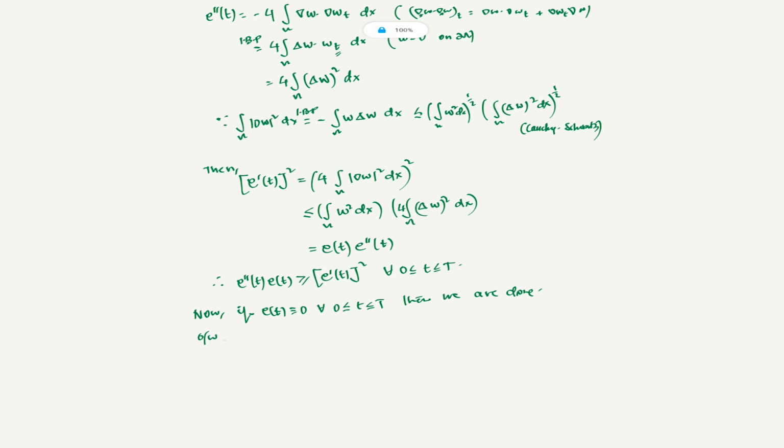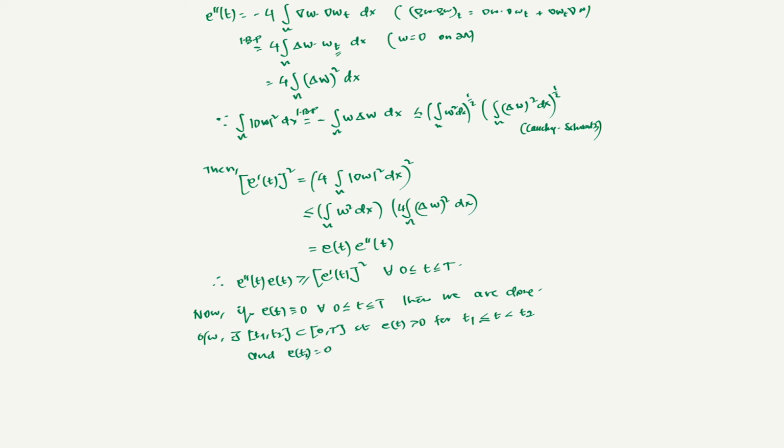let's say there exists an interval t1 and t2, which is contained in 0 to capital T, such that e of t is greater than 0 for t1 less than t less than t2, and e of t2 is 0. This is always true.